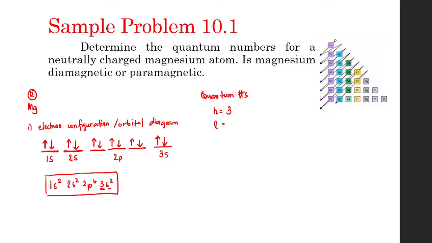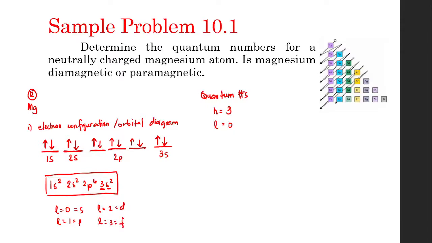Since it's in the s sublevel, my l should be 0. Remember, for the angular momentum quantum number, l equals 0 if it is s, l equals 1 if it is p, l equals 2 if it is d, and so on.